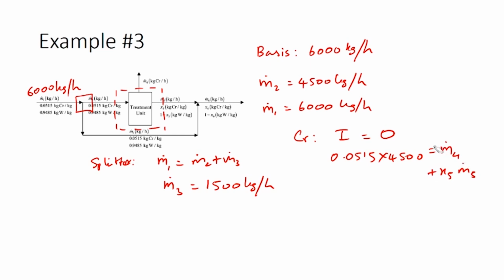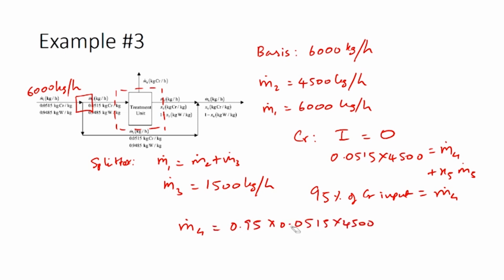We do not know M4 or X5 M5. However, we have been told that 95% of chromium input is leaving as M4 dot. So, we can calculate M4 dot as 0.95 times 0.0515 times 4500, which is equal to 220.2 kilograms per hour.